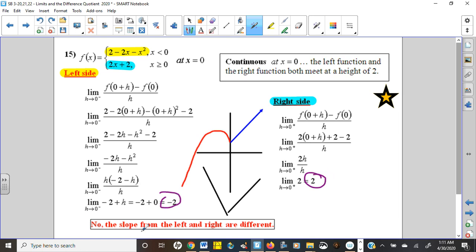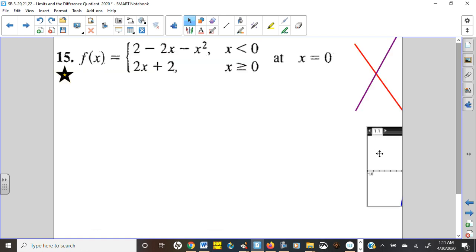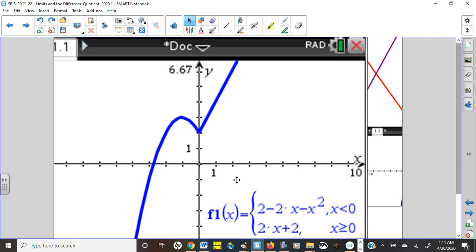And so that means that there's no tangent that exists at that point. This is just a little picture that I sketched, so it's not perfect, but you can see because the parabola is already turned around and is going down, whereas the linear function is always going up, right? 2x plus 2 is just a line. Those slopes cannot agree. And I think I did a big picture here for you to show you the actual graphed values.